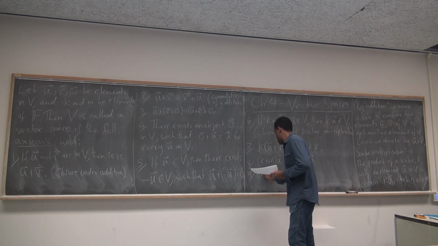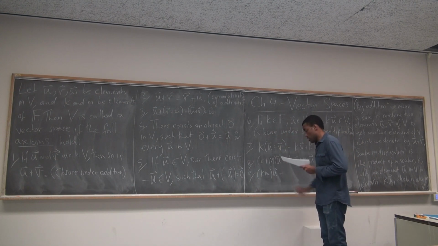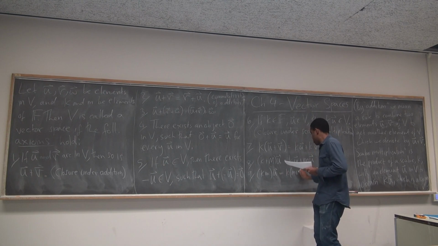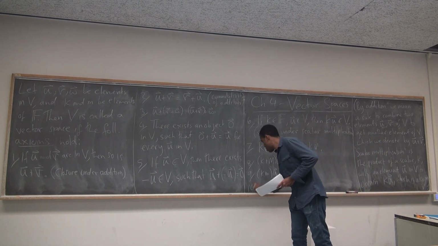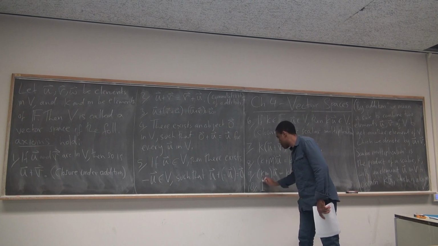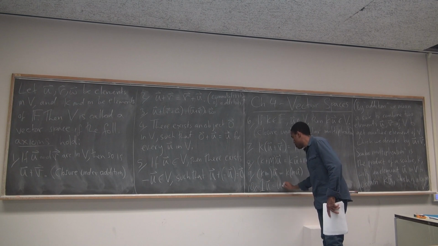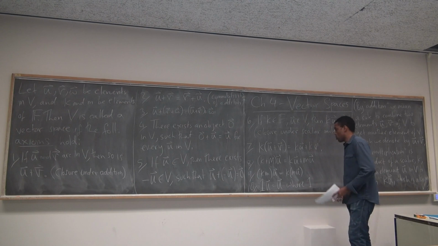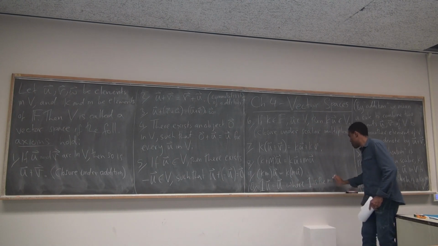Nine, (KM) times U is equal to K times (MU). Ten, 1, which I'd like to write in bold, times U is equal to U, where 1 is the multiplicative identity.